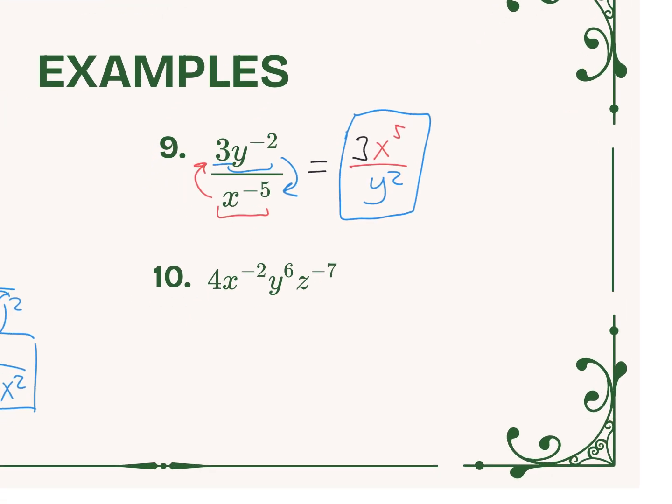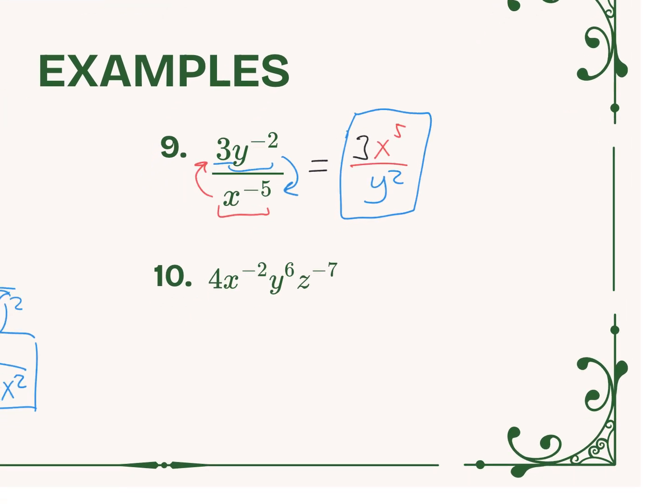All right, and then something like number 10, right, I would go factor by factor, right? See what needs to move and see what's okay the way it is. It looks like 4. Nothing special is happening there, right? X to the negative 2 has a negative exponent, right? So I know I have to move x to the bottom. Y to the 6, positive exponent, nothing special is happening there, but z to the negative 7, that has a negative exponent, that has to move to the bottom as well.